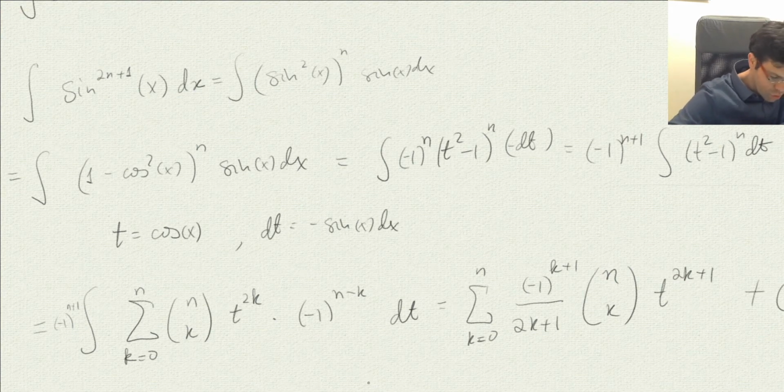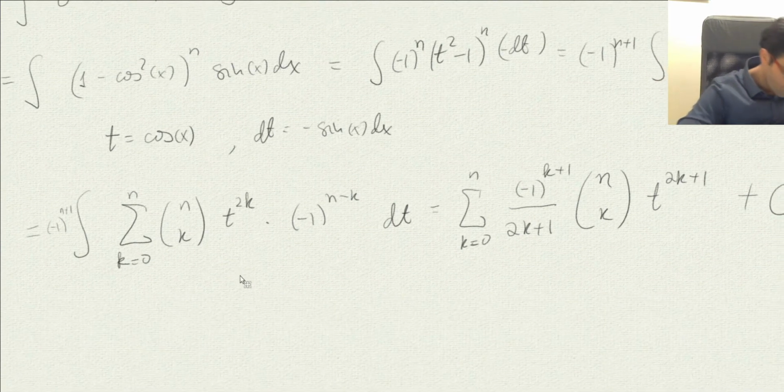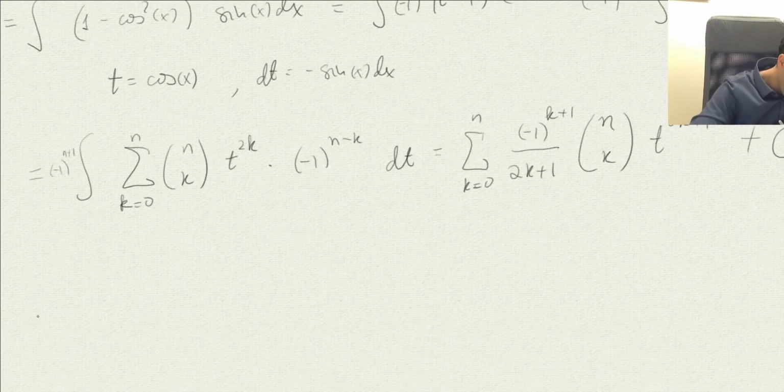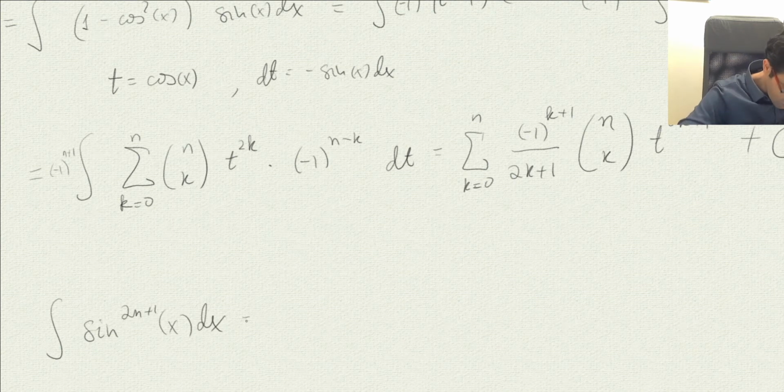So if we plug it back in, we have this nice formula. The integral of the sine of 2n plus 1 of x dx can be evaluated in the following way.